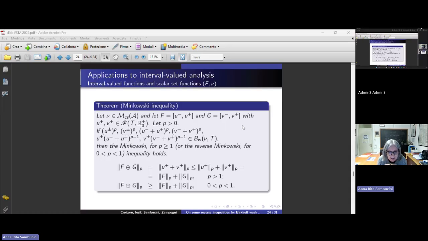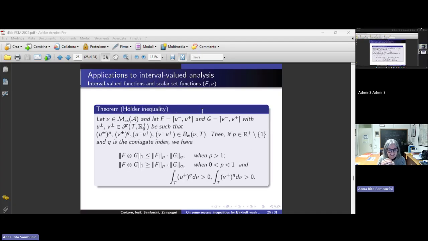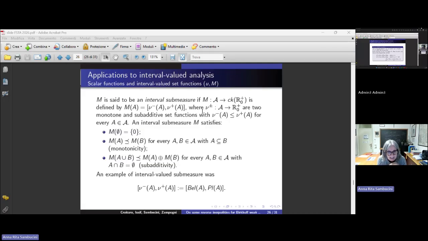Therefore, the Minkowski inequality and its reverse follow from the scalar to scalar case under suitable assumptions applied to the endpoints functions of the integral, and the same applies to the order inequality and its reverse using the interval multiplication we have defined before. Finally, we also examine the case of integrating a scalar function with respect to an interval valued set function.